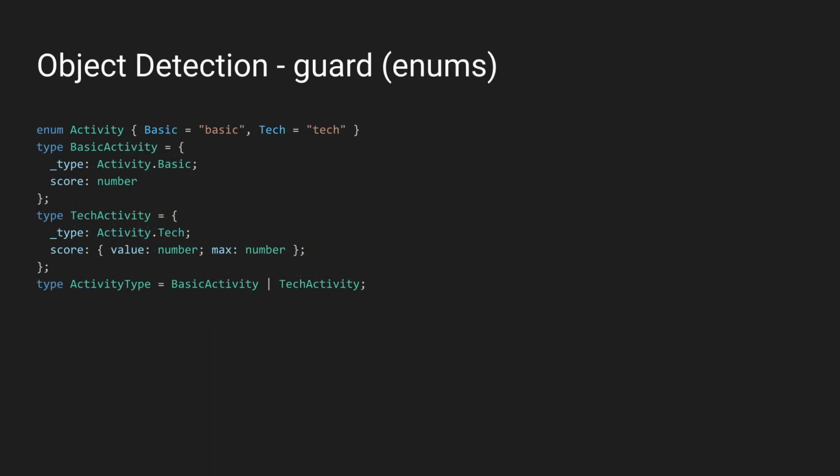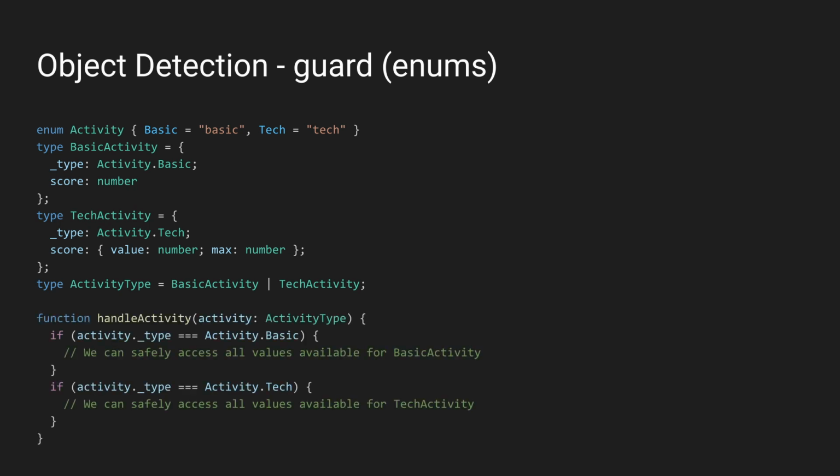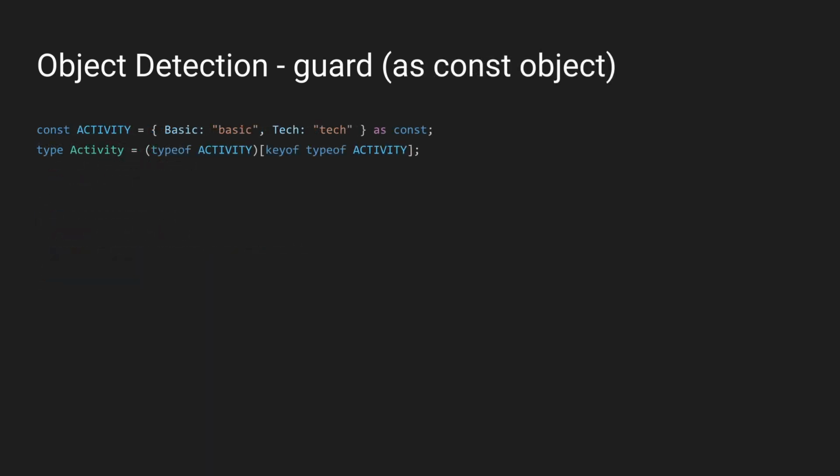The next example showcases the usage of enums as a type guard. The rules are the same as shown previously. In the earlier part of the tutorial, I shared my personal opinion about the usage of enums. The last example of the type guard is an alternative where we can use an as const object and its values to facilitate object type detection.